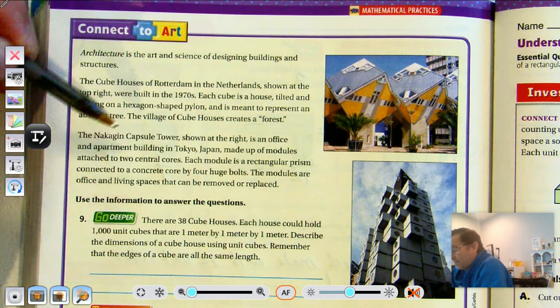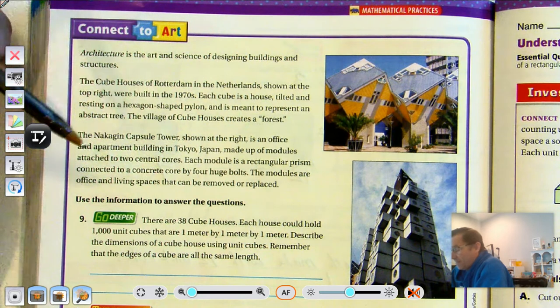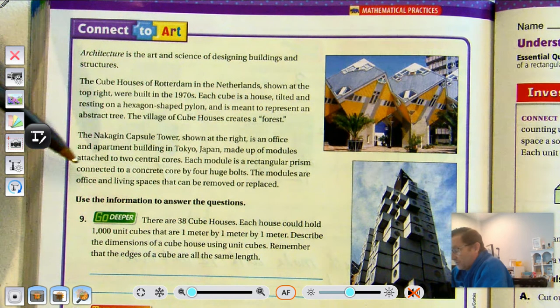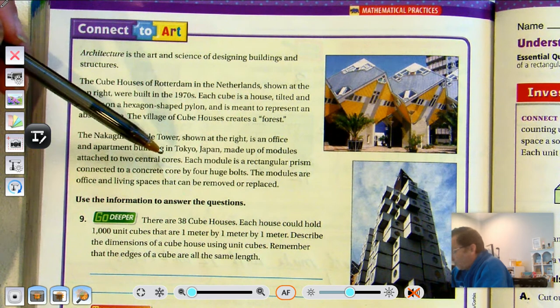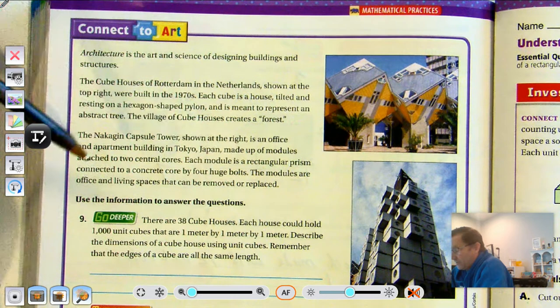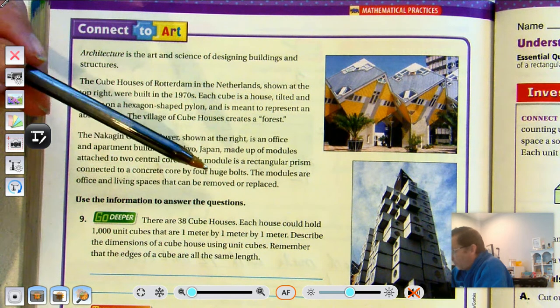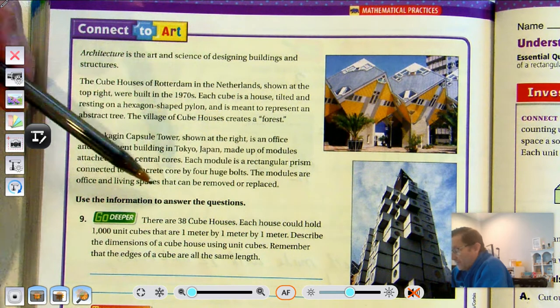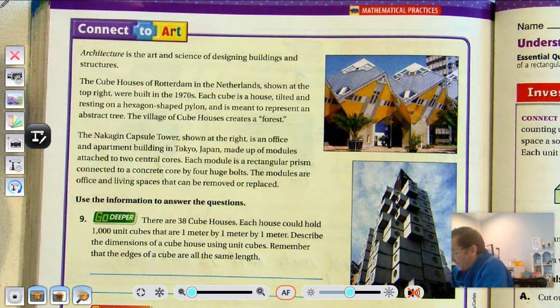The Nakagin Capsule Tower, shown at the right, is an office and apartment building in Tokyo, Japan, made up of modules attached to 2 central cores. Each module is a rectangular prism connected to a concrete core by 4 huge bolts. The modules are office and living spaces that can be removed or replaced.